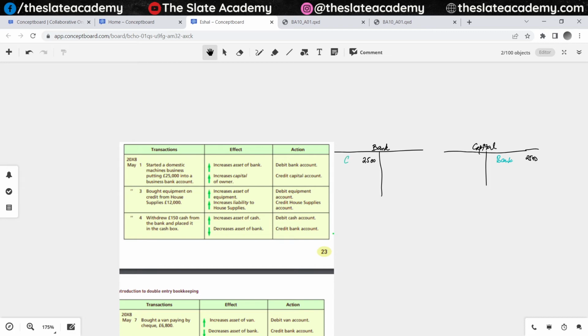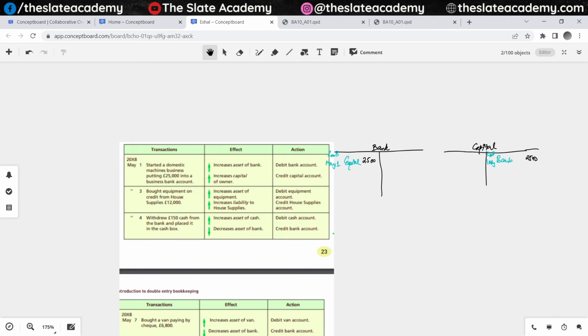So here I'll write capital. And just behind these names, I should be writing the dates. It happened on May 1. So on top, I'll just write 2008 for both of them. This happened on 1 May. All right.